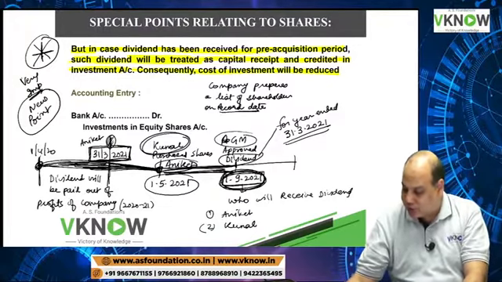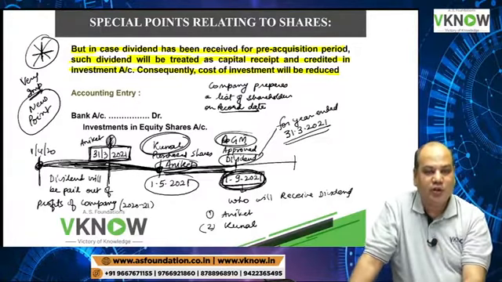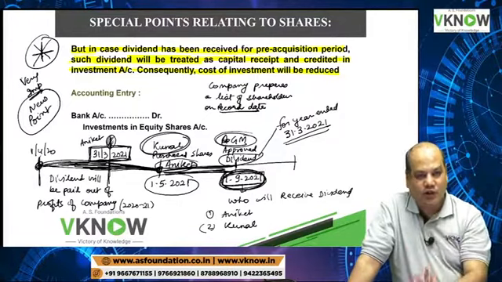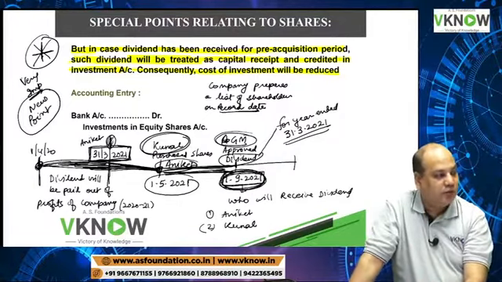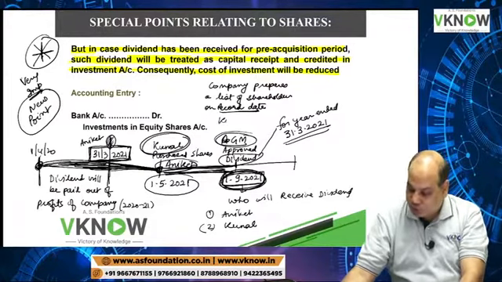The record date is fixed by the company some days before the AGM. Let us say the company fixes the record date 14 days before the AGM. On the record date, whose name will appear? Of course, Kunal's name will appear because Kunal is the shareholder now.